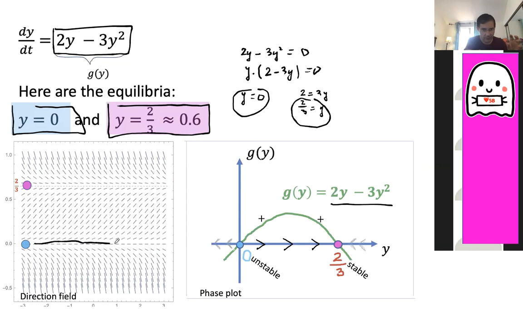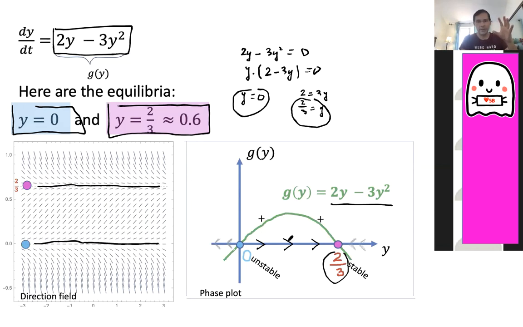And then the other solution, the red solution, this one, corresponds to this constant function 2/3. I can sketch this graph. Okay, those are the two equilibrium solutions to this differential equation.